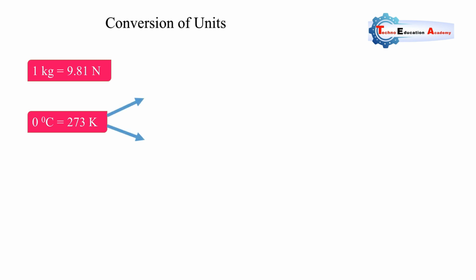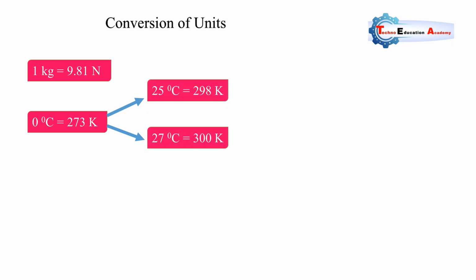If in any example the value of the temperature is given as 25 degree Celsius or 27 degree Celsius, we need to add 273, then it is converted into Kelvin. So 25 degree Celsius, when we add 273, equals 298 Kelvin. Same as 27 degree Celsius, when we add 273, equals 300 Kelvin.